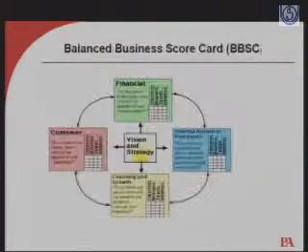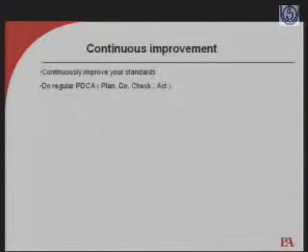Last but not the least is continuous improvement. Already we talked about PDCA. Continuous improvement means, in Japanese terminology, Kaizen, K-I-Z-E-N, meaning thereby small incremental improvement. If you can do small incremental improvement, if everybody does it, the organization in itself will improve.